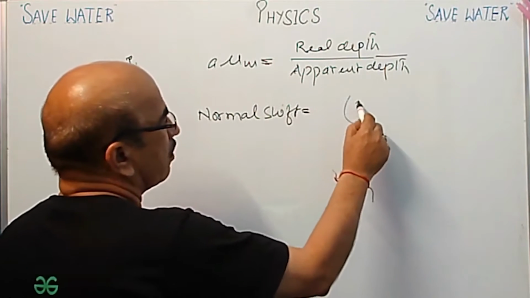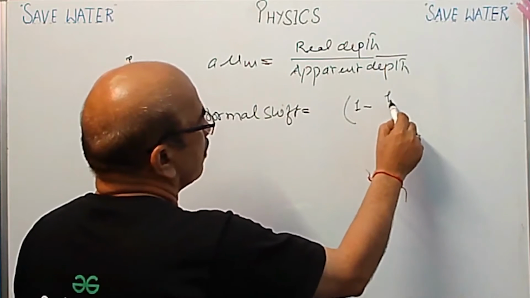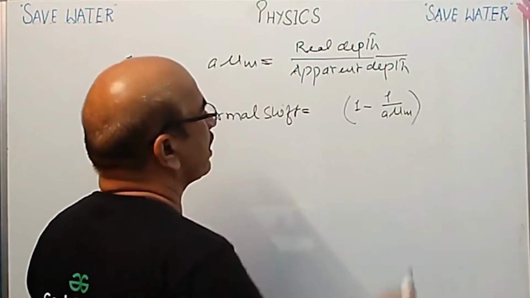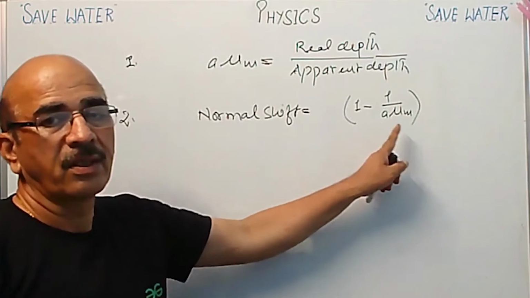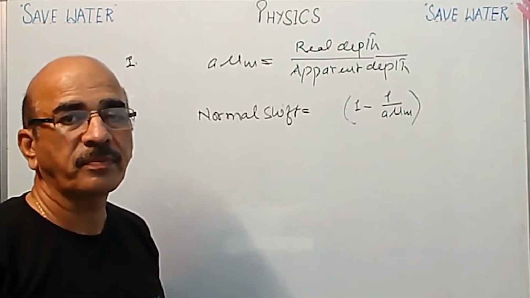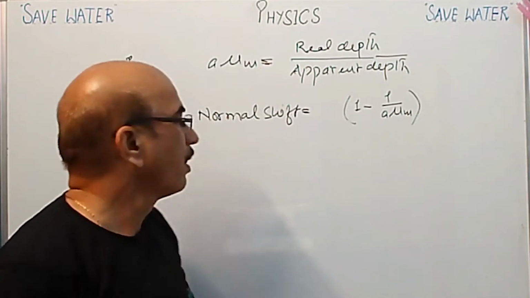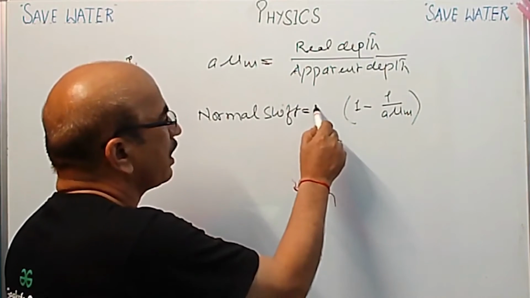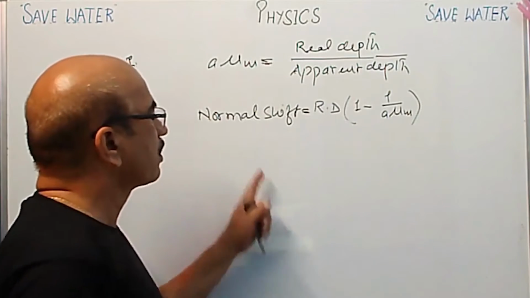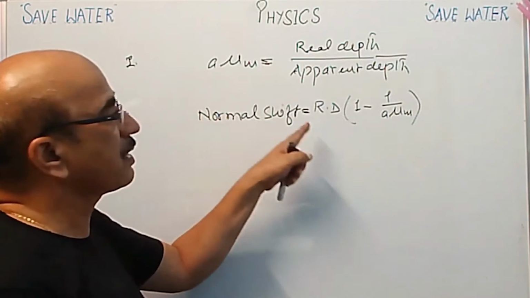Yes, try to recall, 1 minus 1 upon the refractive index of the medium in which the object is lying. So here normal shift is equal to real depth times that. These two formulae we discussed last time.